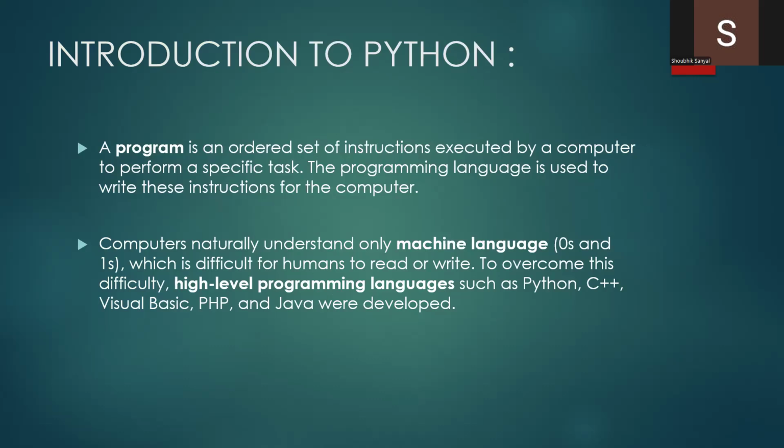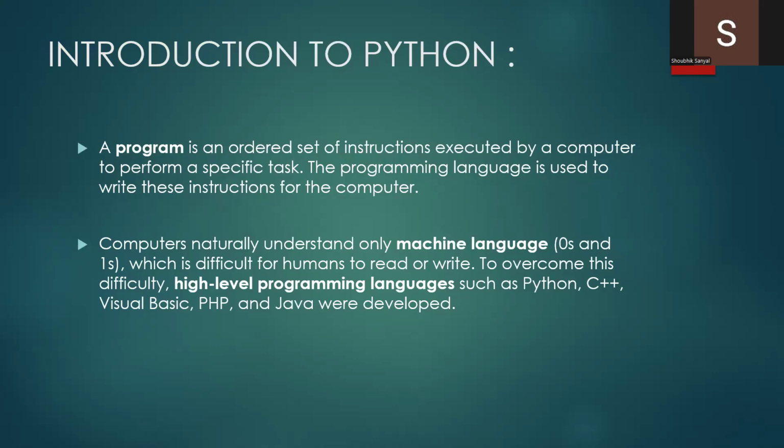And as we know from digital electronics, computers naturally understand only machine language, which is zeros and ones only. It becomes very difficult for humans to read or write if any program is represented in the form of zeros and ones.